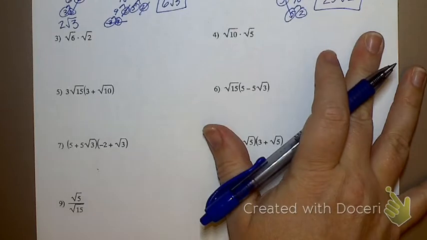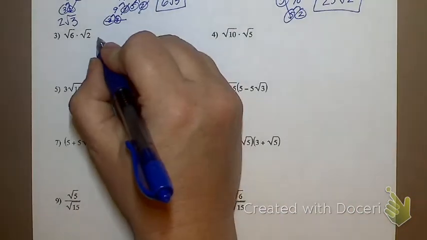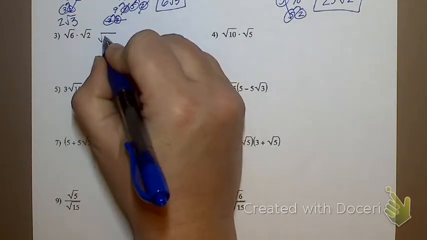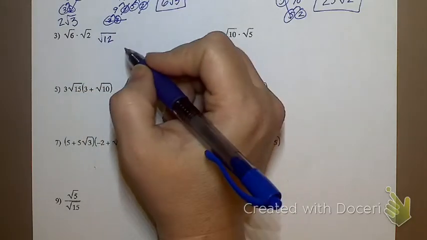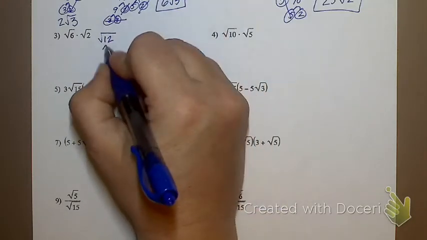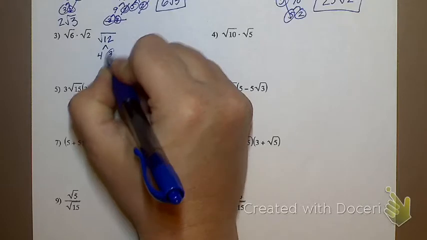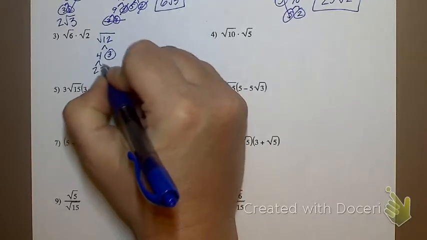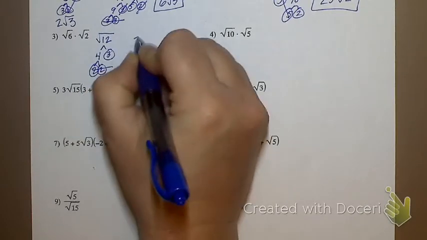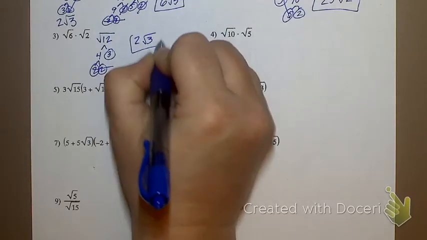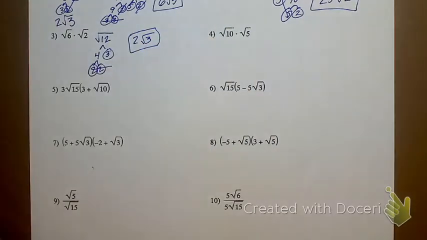So what would I do in number 3? They're both inside. So what would I get? Rad 12? Yeah? And then I draw my tree. I can take out a 2 and 3's left inside. Please tell me that's as easy as I feel like it is. Okay, you do number 4.